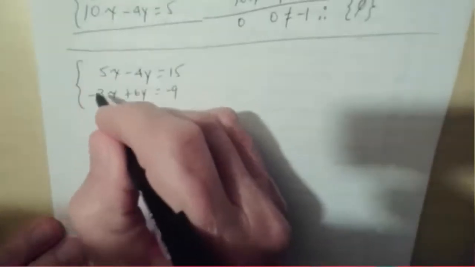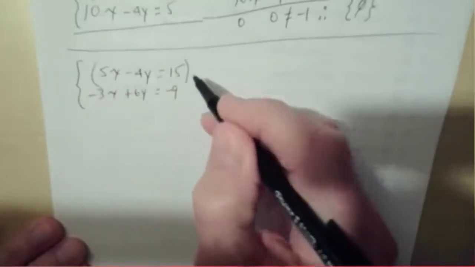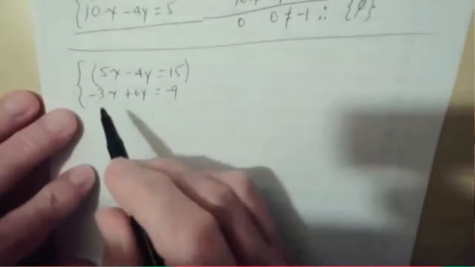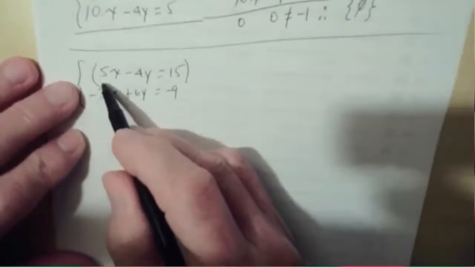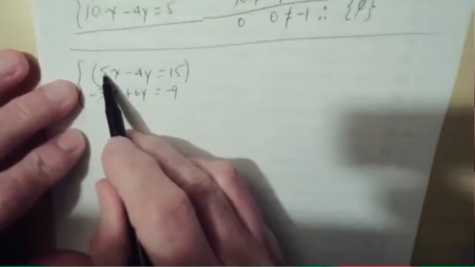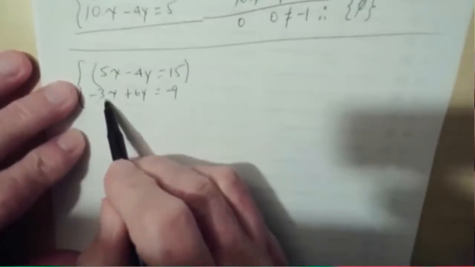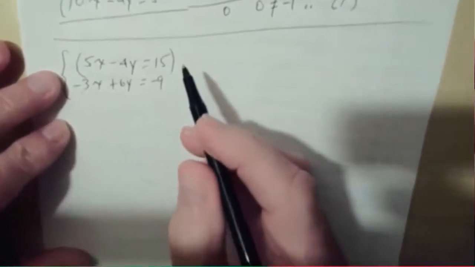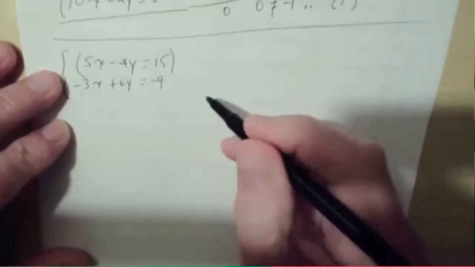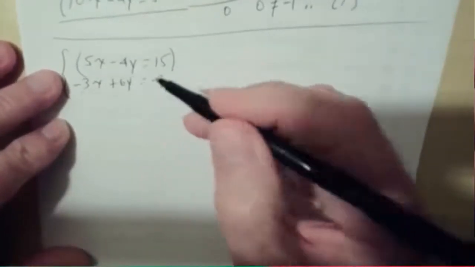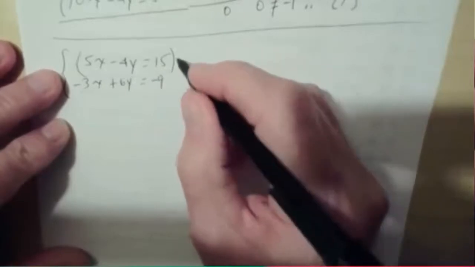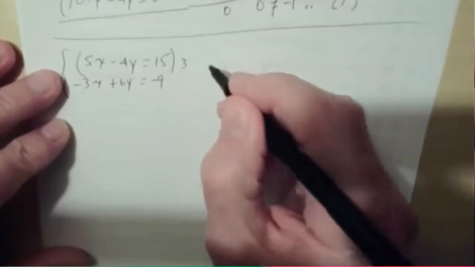So let's change the x's. What do we want this number to be? 15x and negative 15x. Or we could have done the y's just as easily, but the numbers would have been larger. So what are we going to multiply this one by? 3.